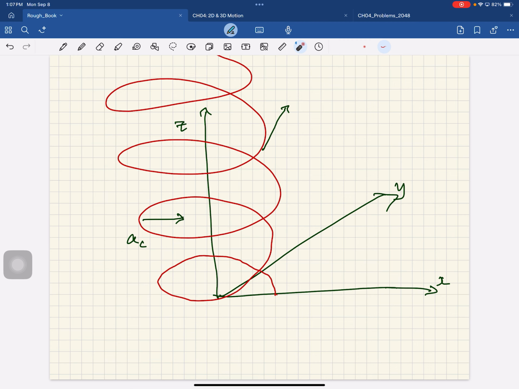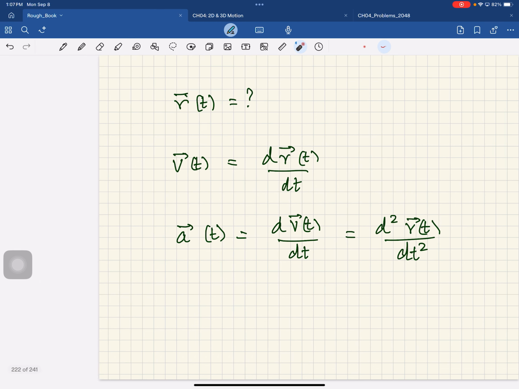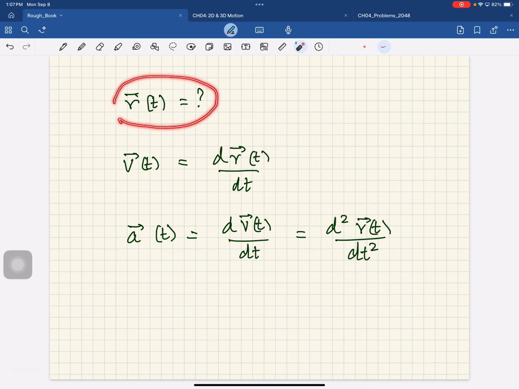If you wanted to describe a motion like this, what is it that you need to give me? You need to give me your position as a function of time. Once I have that function, I can calculate my velocity, which is dr by dt. And I can calculate my acceleration, which is dv by dt, or the second time derivative of your position vector.